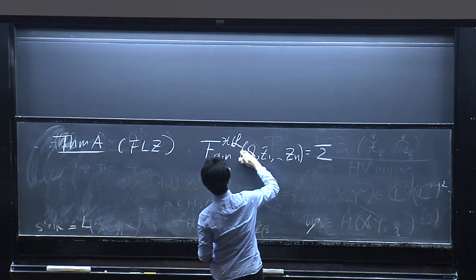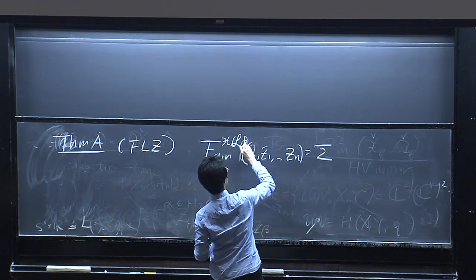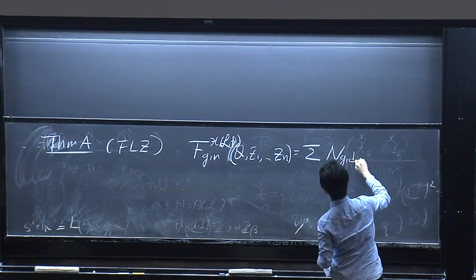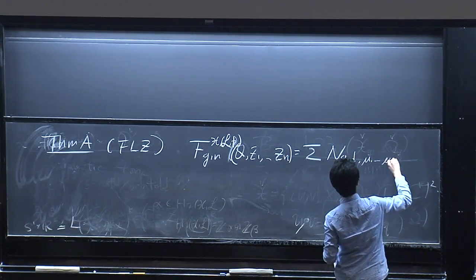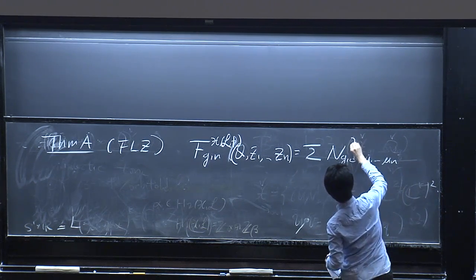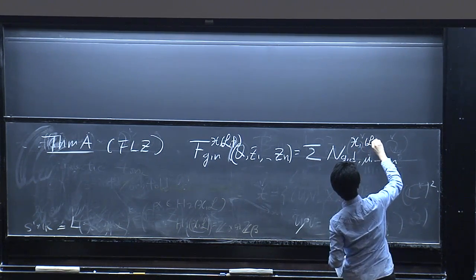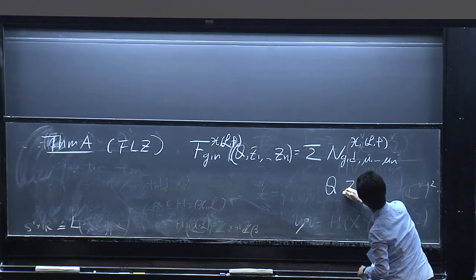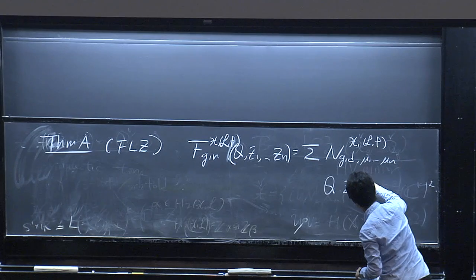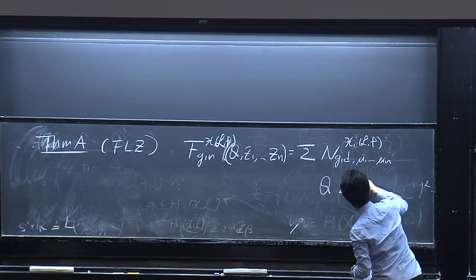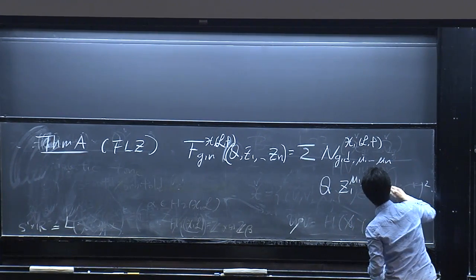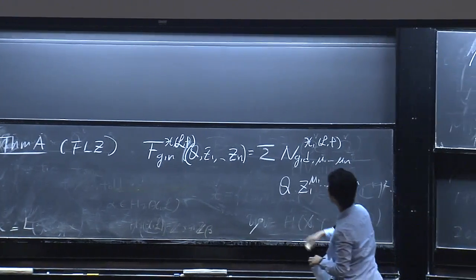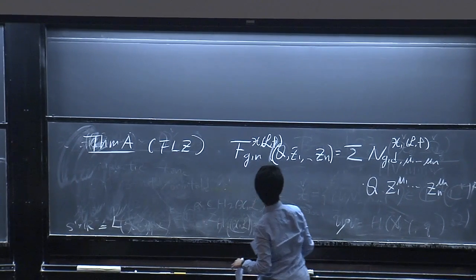Here I have N_{g,d,mu_1,...,mu_n}(X,L,f). I form a generating function. Now I have n additional variables to keep track of these winding numbers mu_i.